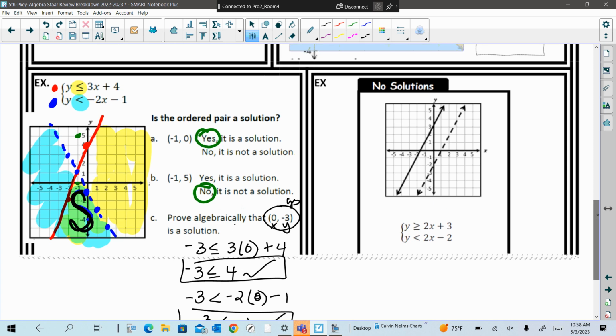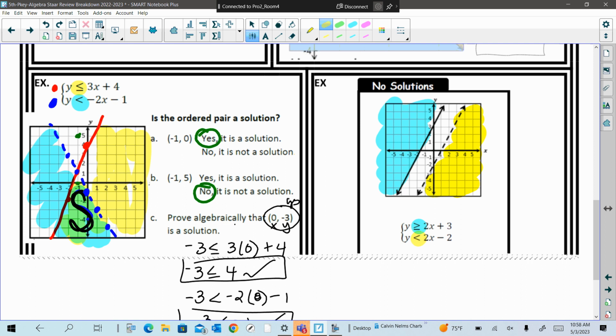All right, so on example 2, no solution, they've done the graphing for us. So like this is right here, the solid line, but it's greater than. Where will we shade here? Above it, there it is. For the solid line, there's my shading. And then for the next inequality, that would be below.